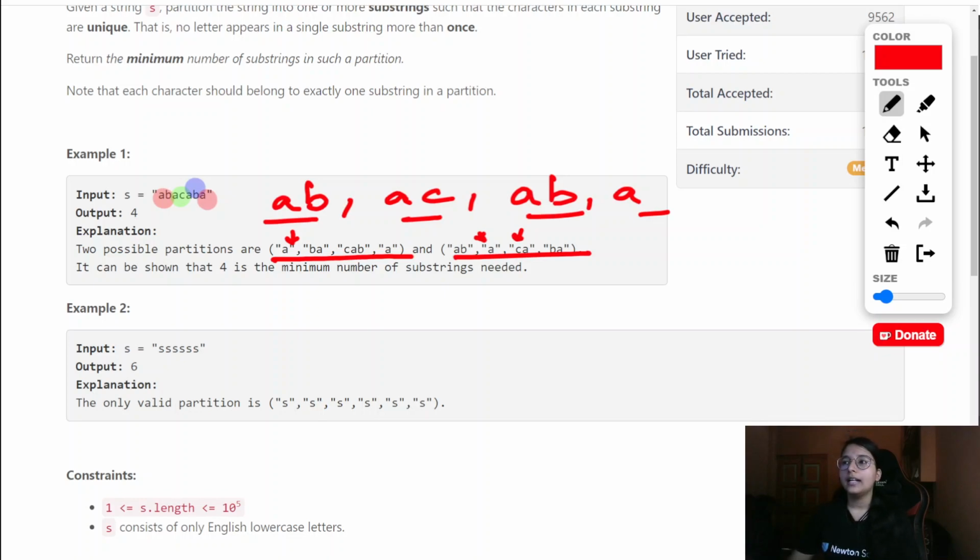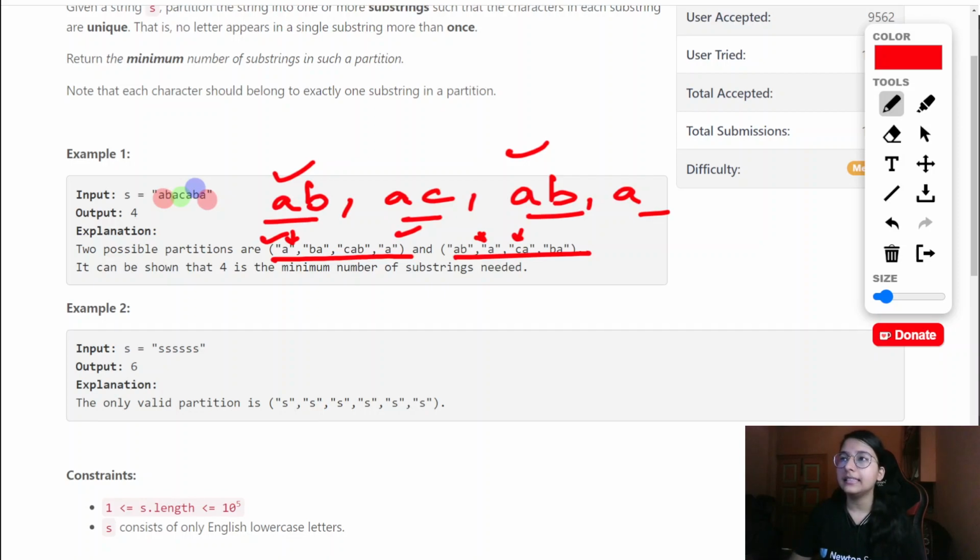The only thing we are required to keep a check on is that whatever number of substrings we choose, each substring should have unique characters in it.